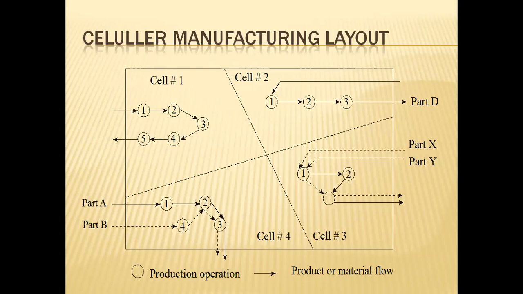The flow of parts within cells, as shown in the figure, can take many forms. For example, in cells 1 and 2, the parts in the part family flow through the same machines in a product focused, line flow fashion.